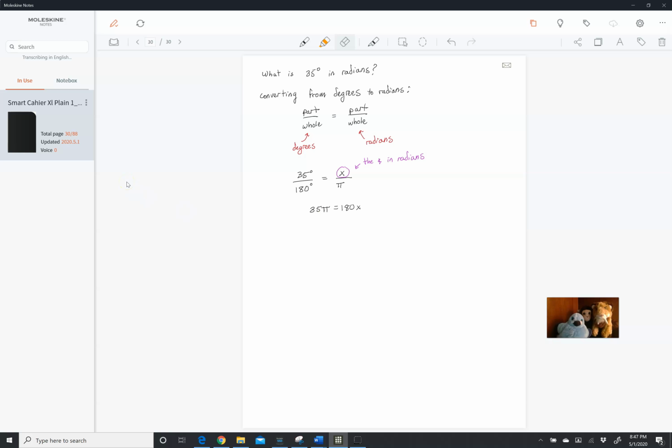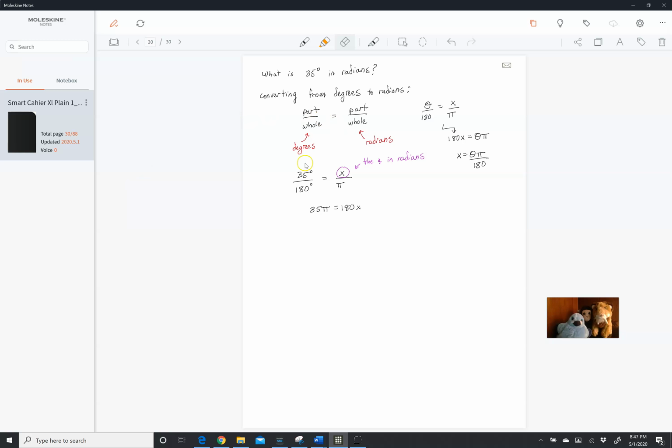Okay, if we are general about it, we could say theta over 180 is equal to x over pi. So notice that the 180 and the pi will never change. Okay, so when we cross multiply, we get 180x is equal to theta times pi, and then x is equal to theta times pi over 180.